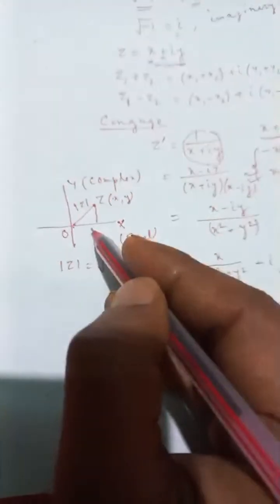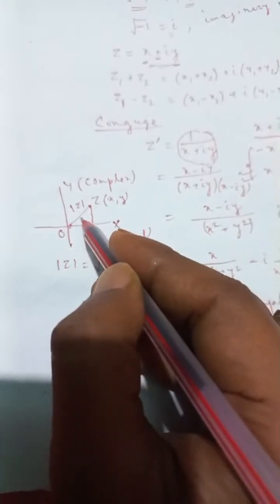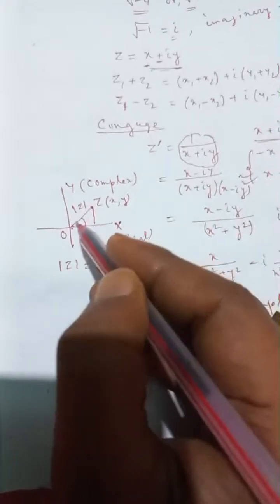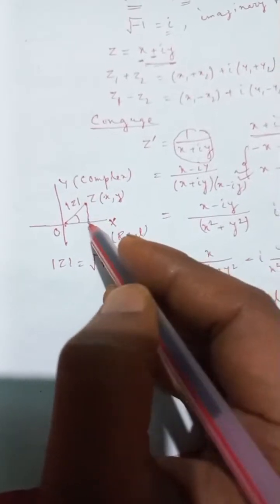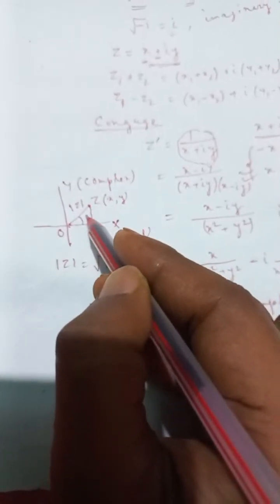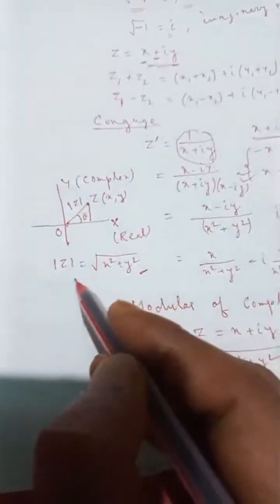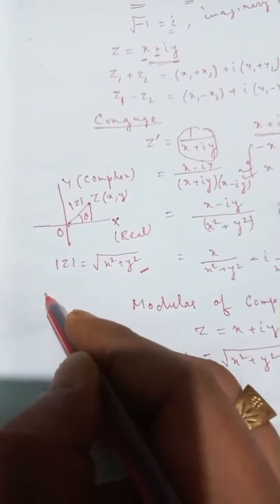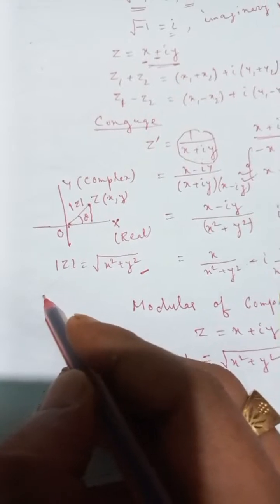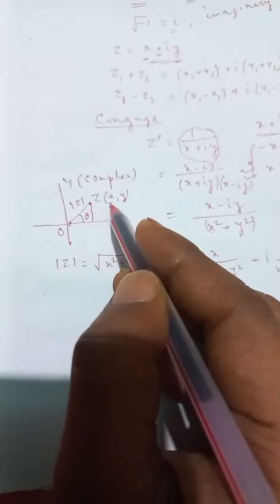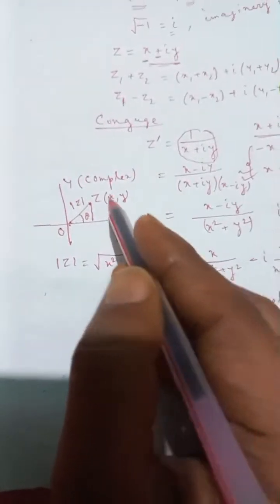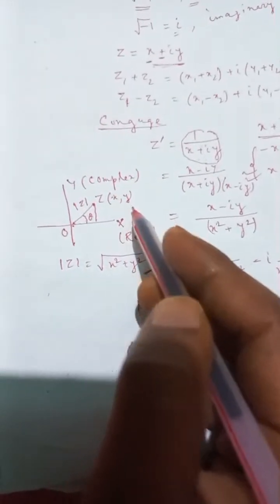And what is amplitude? Amplitude is the angle made by this line with the x-axis. If this is theta, then theta is the amplitude of this complex number z equal to x plus iota y.